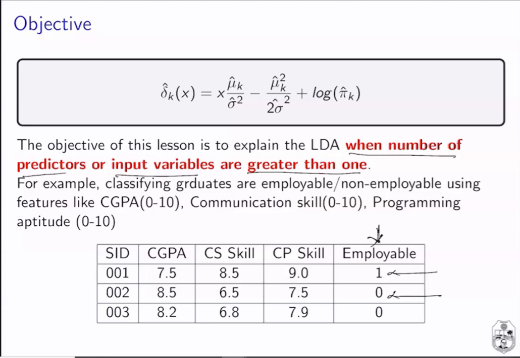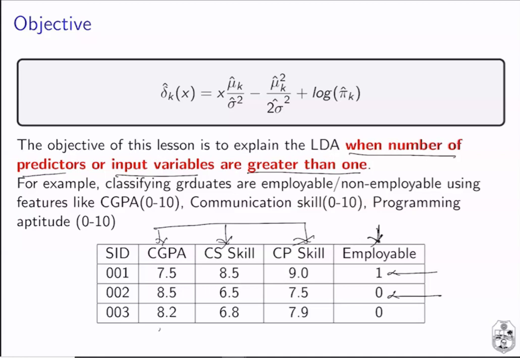For doing this classification, we are going to use three different features. The first is CGPA, or the cumulative grade point average. The second feature is the communication skill of the student, and the third feature is the computer programming skill.